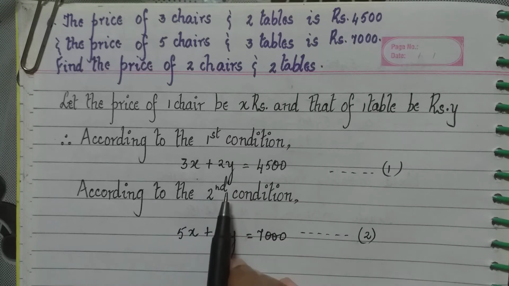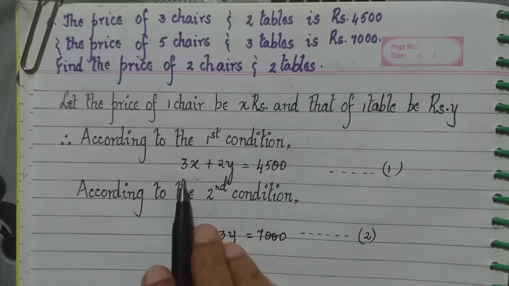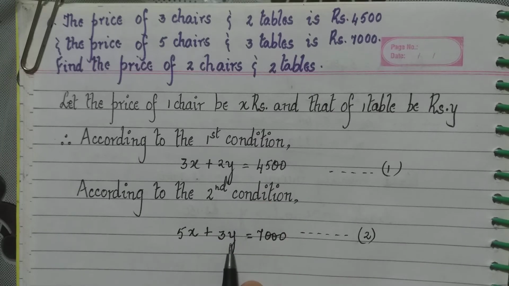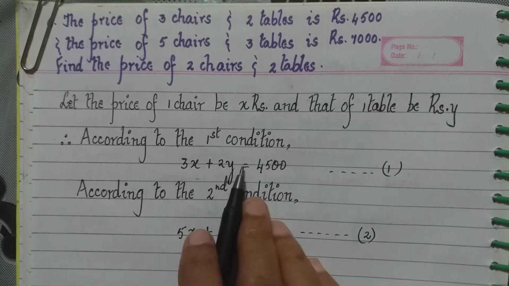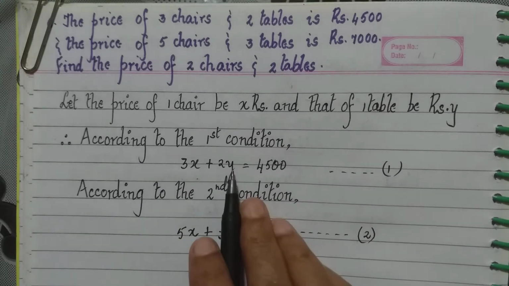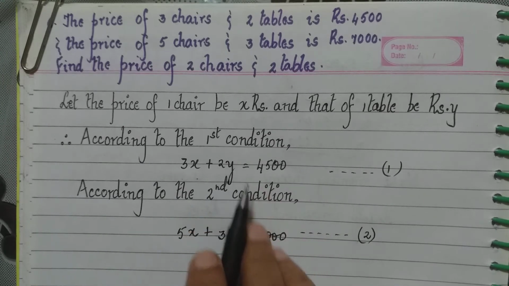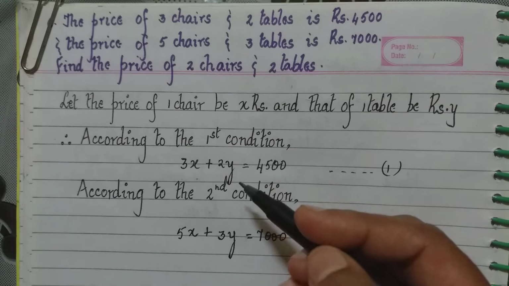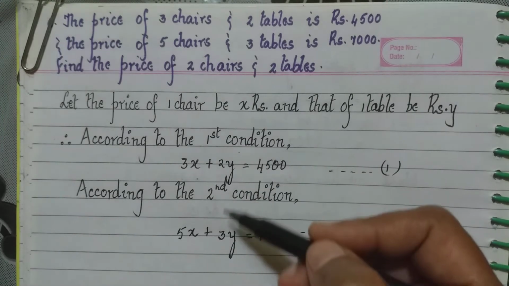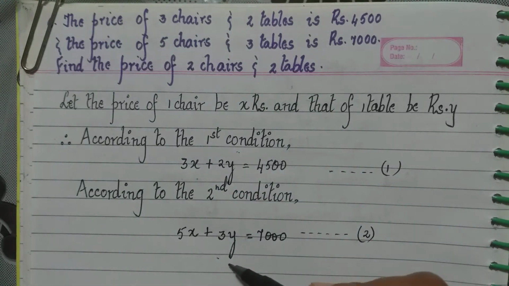You see here that we look at the coefficients of X as well as the coefficients of Y. Can we multiply each of these equations by a number, by a multiple, such that both the coefficients become the same? That is, if I want to make the coefficients of Y the same in equation 1 and 2.